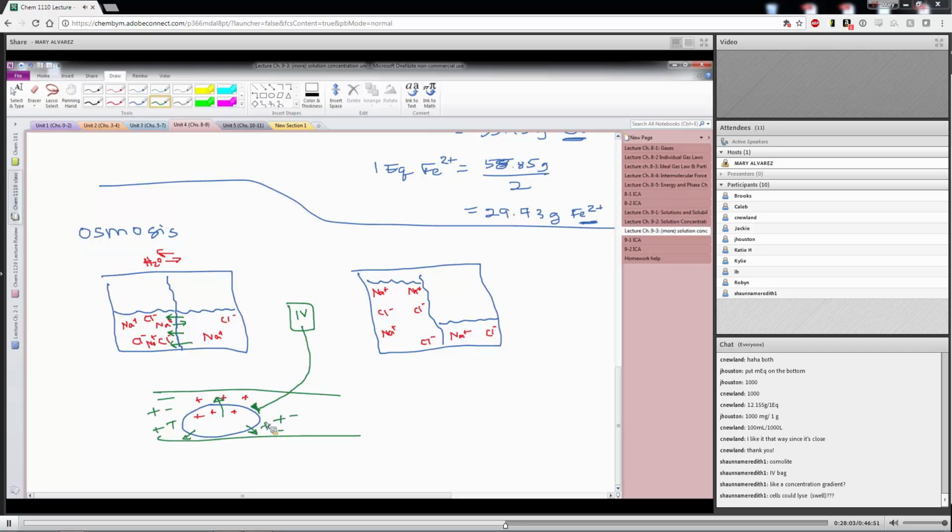And so what happens to your blood cells? If we have a strong concentration, well, if it's dumping water outside of the cell, then they're going to shrivel, right? And die.